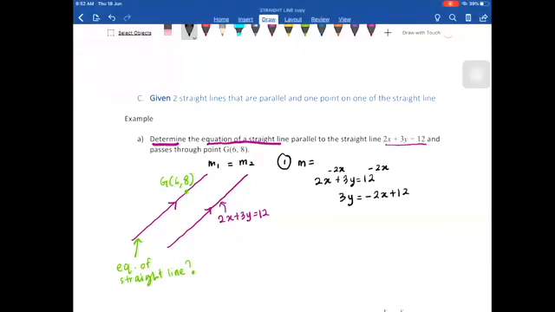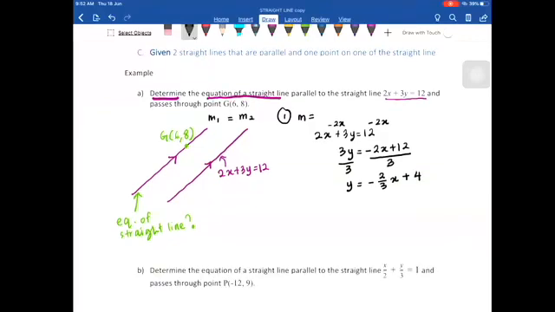So divide by 3. So everything divide by 3. Y equals to negative 2 over 3x plus 4. Okay, so apa gradient dia? Negative 2 over 3. Exactly. So negative 2 over 3. So equation yang lagi satu ni, saya punya equation adalah y equals to negative 2 over 3x plus c.